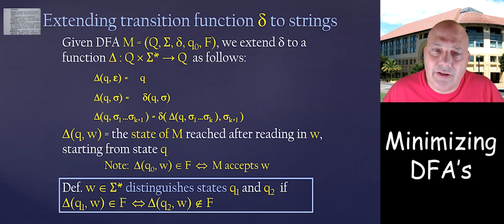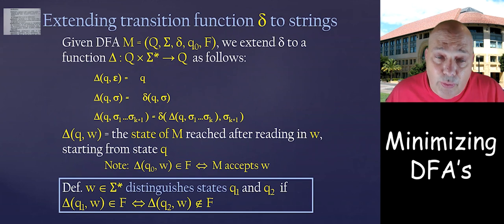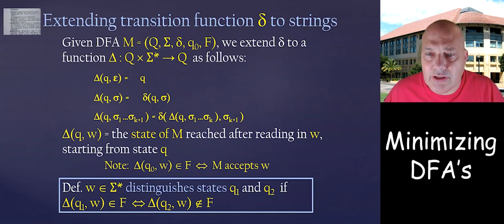And now we can define what we really wanted to define, and this is related to the example we had before, meaning that a string W distinguishes states Q1 and Q2 if when you start from Q1 and read W, you reach an accept state, and if you start from Q2 and read W, you're not in an accept state, you're in a reject state.